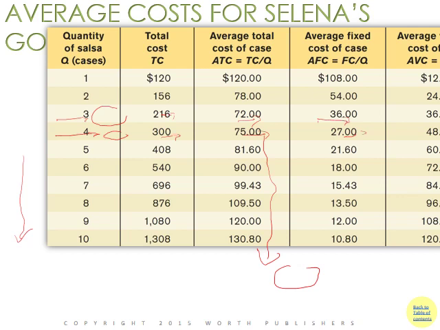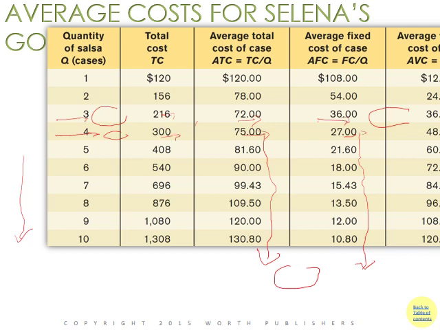Average variable cost, on the other hand, starts out relatively low, $12, and as we produce more output, average variable cost increases. And the reason for this is because typically at some point there is diminishing marginal productivity of your inputs.